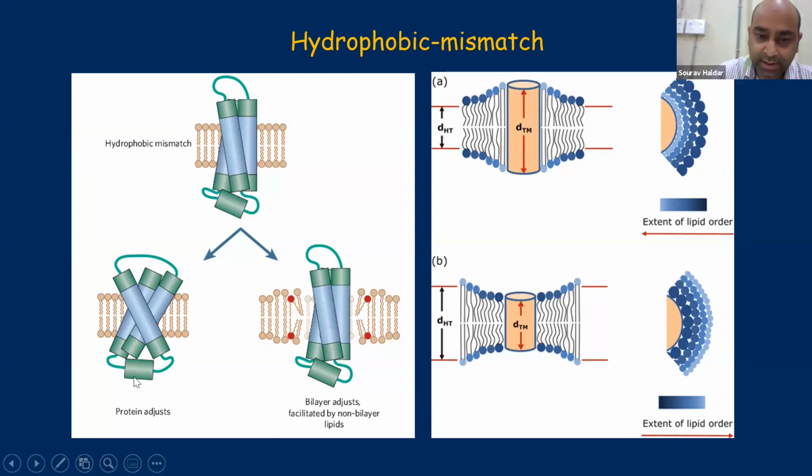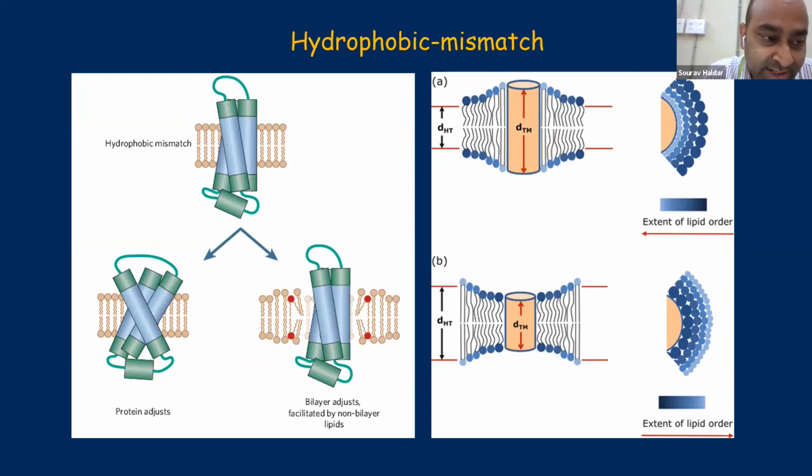So this situation of hydrophobic mismatch is very relevant in case of sorting. For example, the hydrophobic thickness of ER membrane is actually much shorter compared to plasma membrane. So the resident ER proteins will have a shorter transmembrane domain compared to plasma membrane proteins.